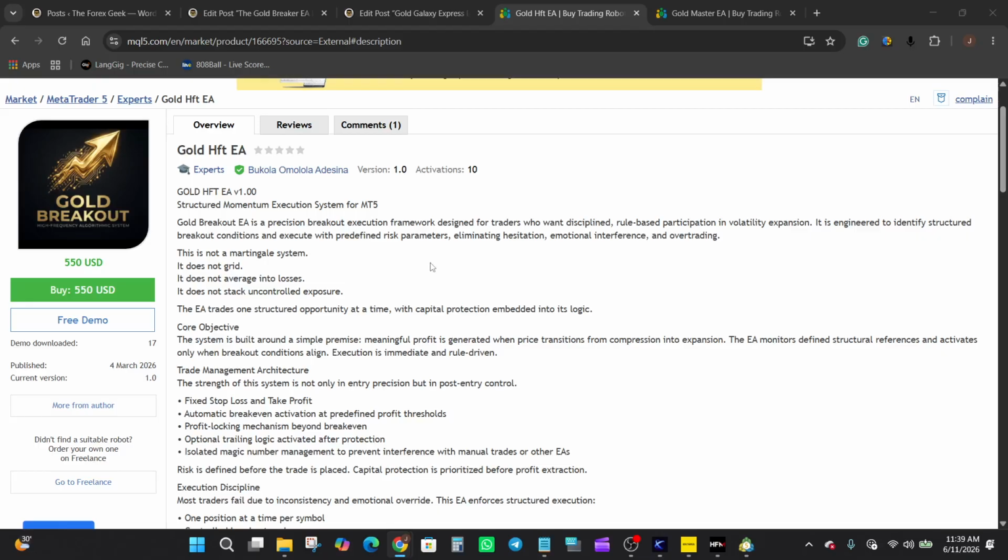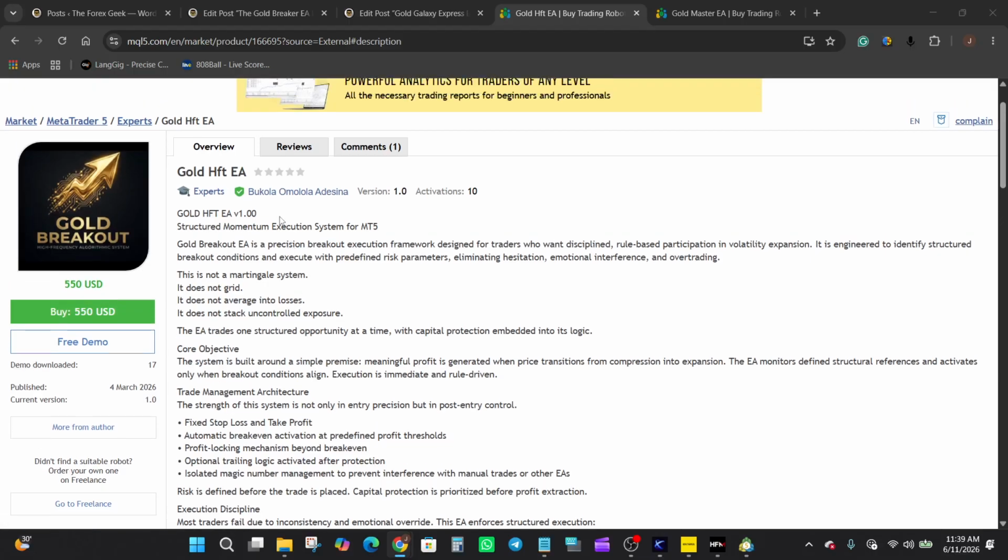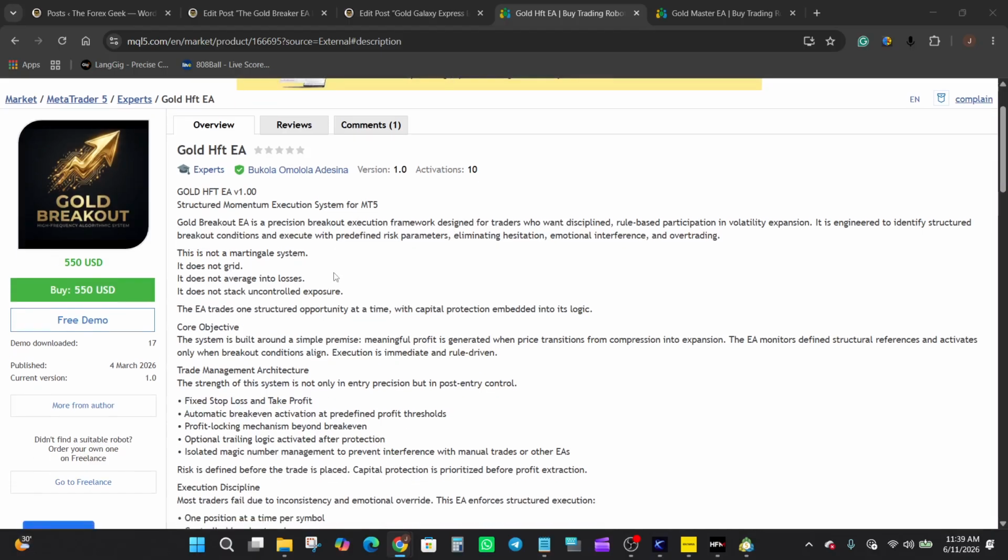Looking at the MQL5 Marketplace page, the EA is priced at $550, developed by Bukola Omolola Adesina, and it is currently listed as version 1.0 with 10 activations. The focus here is on gold trading, specifically XAUUSD, and it is described as a structured momentum execution system.